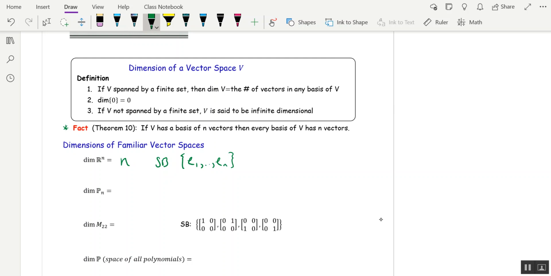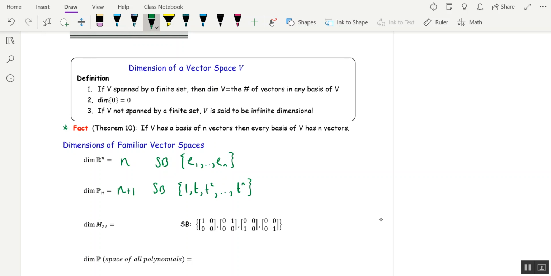P_n, the space of polynomials of degree less than or equal to n, has dimension n plus 1. The standard basis is 1, t, t squared, up to t to the n. That's n plus 1 vectors.